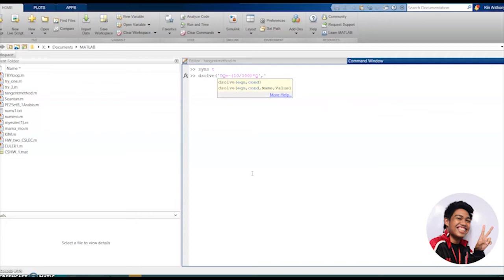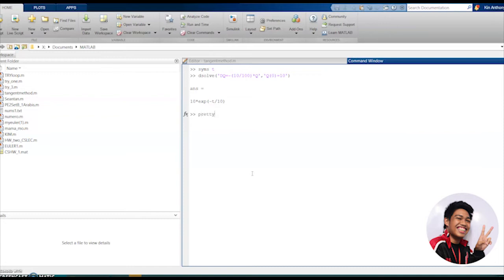We will now state the initial condition: when the time is equal to 0, the amount of salt is 10 kilograms. Enter. Now this will be our particular solution for this problem.